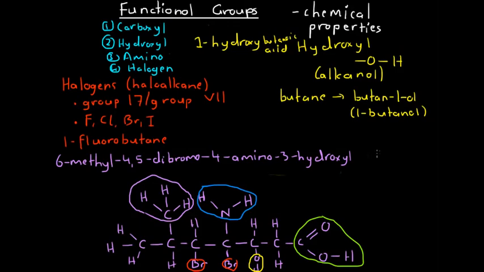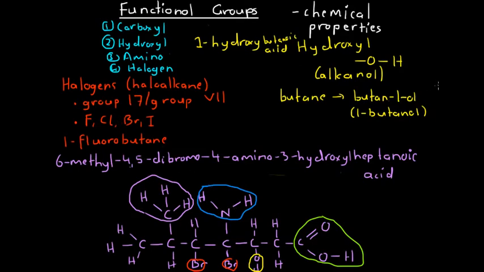Our longest chain is 7, so we have heptanoic acid. So that is our name: 6-methyl 4,5-dibromo 4-amino 3-hydroxy heptanoic acid. It's a little bit ridiculous, but we're just going through the motions of this priority list and how we name these functional groups.